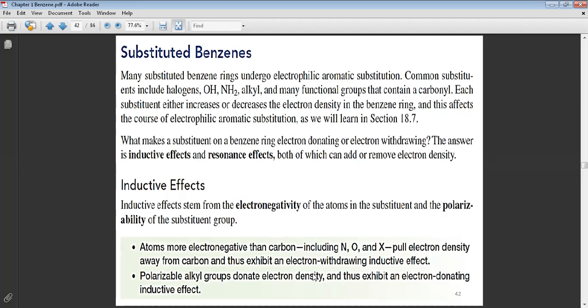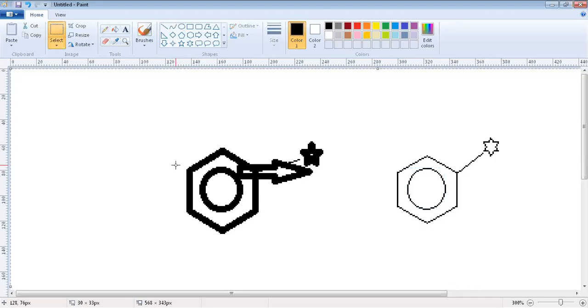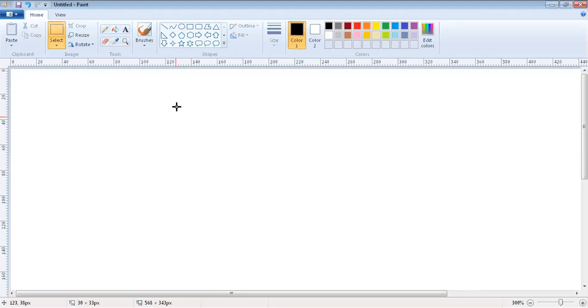Now, for example, if I draw here, look. We have here carbon, we have here Br, and here we have hydrogen. Don't worry about this hydrogen.